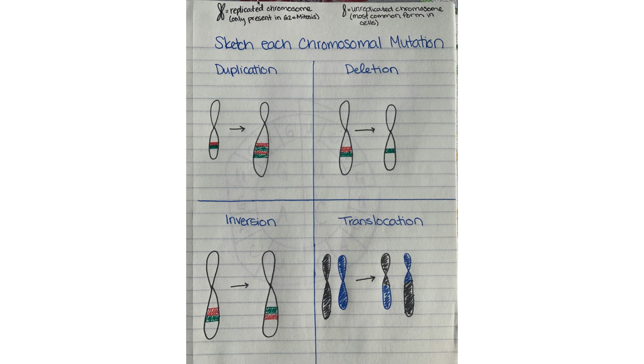Up here at the top of my drawing, I just wanted to remind you that when you see a chromosome that looks like an X shape, remember that has been replicated and is only present in the last part of interphase and during mitosis. After mitosis, those replicated chromosomes split, and so we end up with a single unreplicated chromosome, and this is going to be the most common form that's found in the cell.